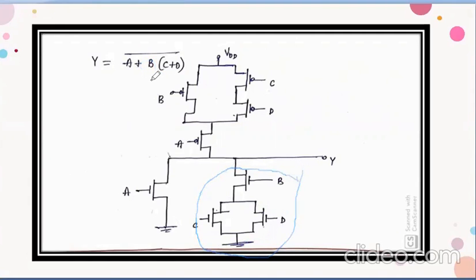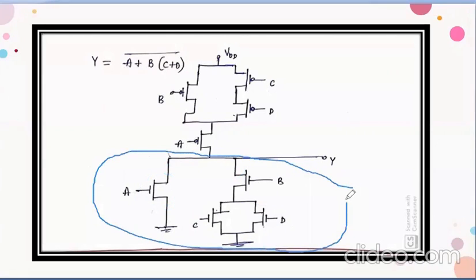Now this is one term, and this is another term. Now we are adding these two terms, which means we have to connect this network and A in parallel. So we connected this network and this transistor connected to A in parallel. So in this way, we constructed our pull down network.